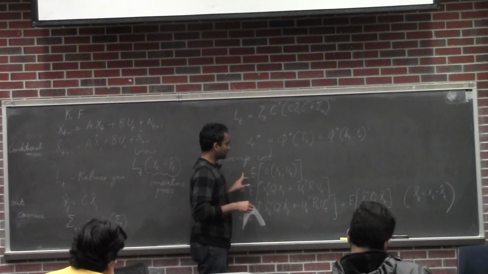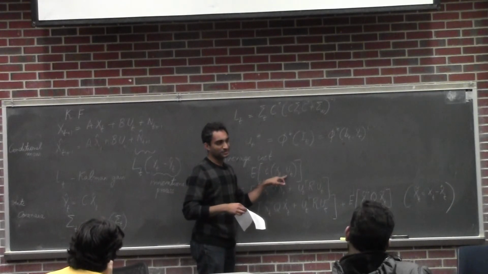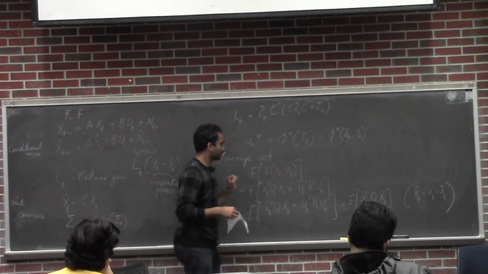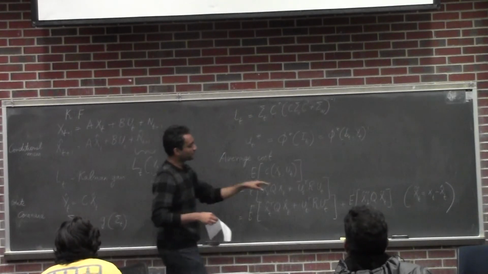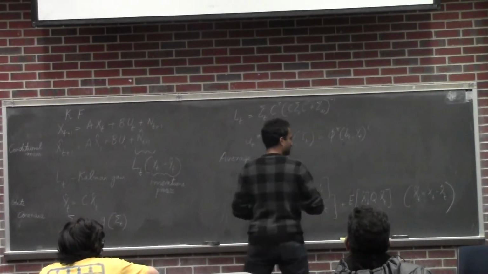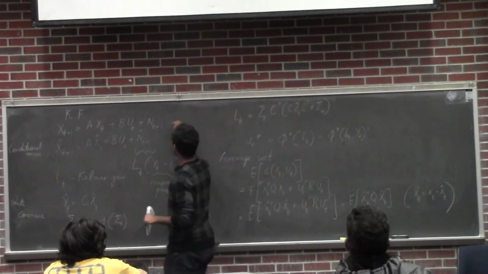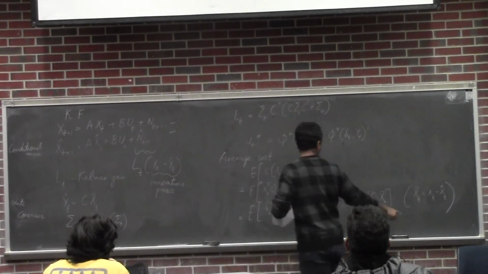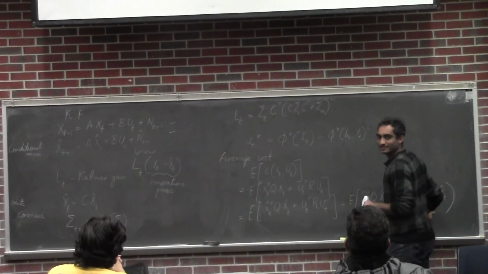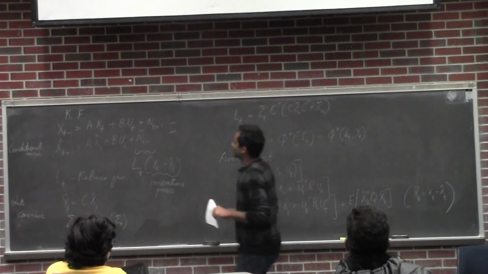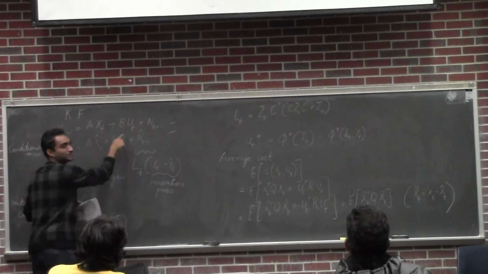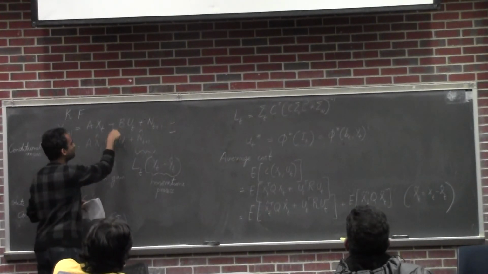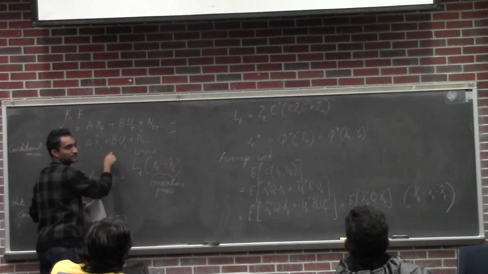You're trying to minimize it with respect to u_t, right? Your choice of u_t. And so the second term over here, if you plug in these two equations for x_t and x_t hat, the u_t terms cancel out because you have B u_t here and B u_t there, right?